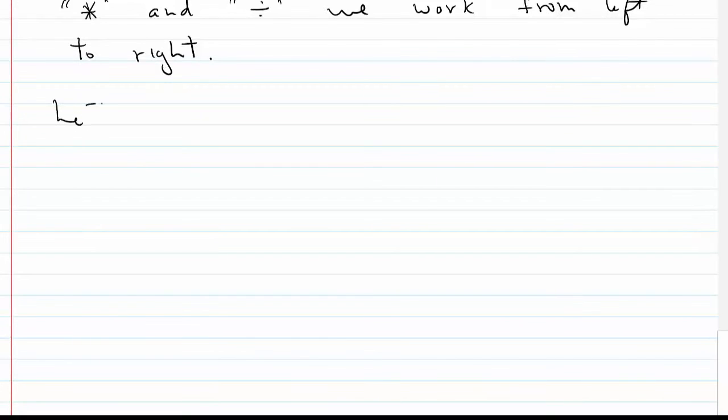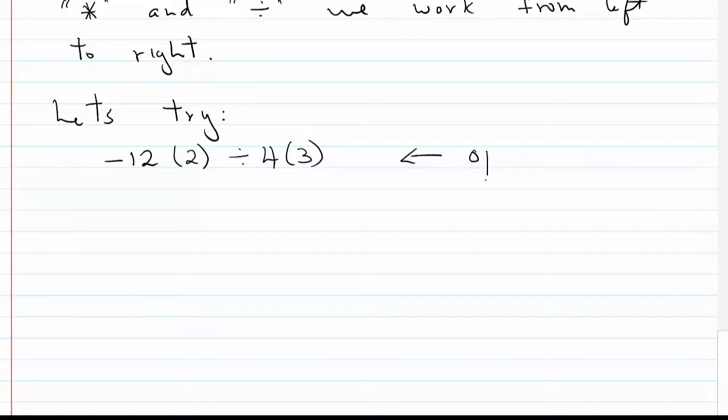So let's try minus 12 parentheses 2 divided by 4 parentheses 3. So recall, the first thing to do is ask what operations are in this problem. What are the different operations you see in this problem?